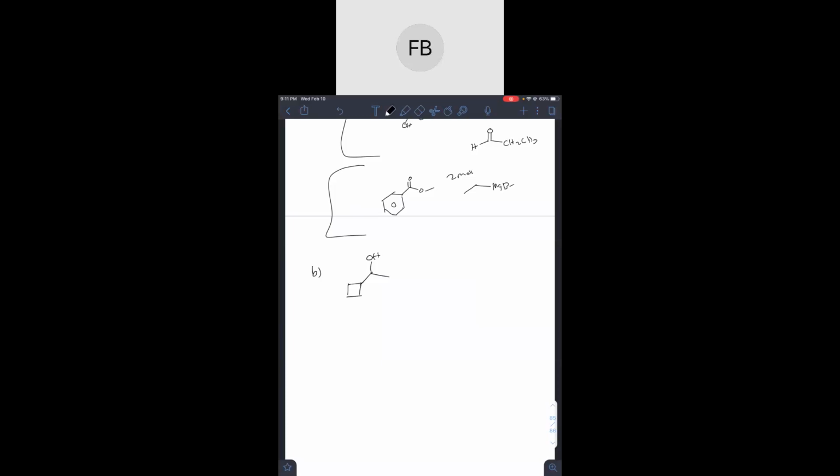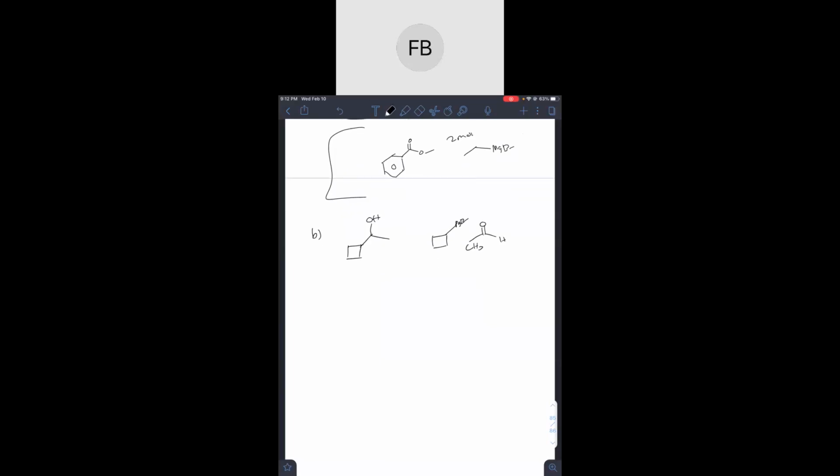It couldn't come from more. There's no way this came from a secondary alcohol, but it could have come from a primary alcohol or a zero alcohol. So the primary alcohol option could be like this: a hydrogen on one side, CH3 on the other side, and our square with MgBr there. So that would produce one answer.